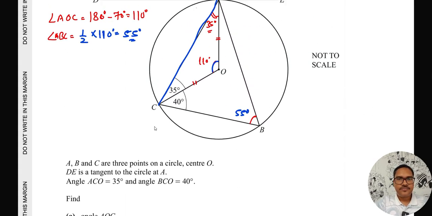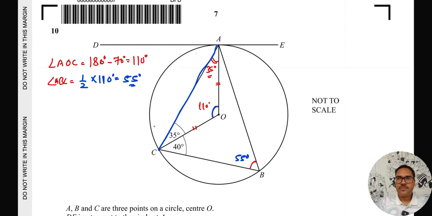Now angle DAC. That means you have to find this angle, DAC. Now you can clearly see this is the angle between the chord and tangent, and this is the angle in the alternate segment by the same chord AC.